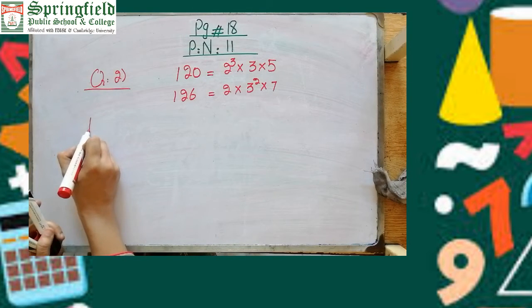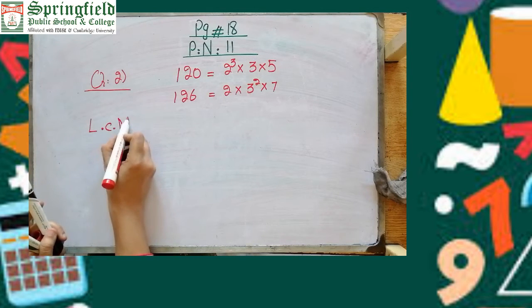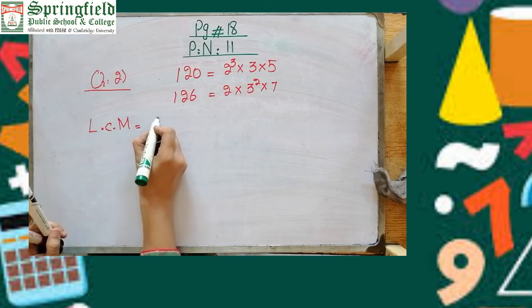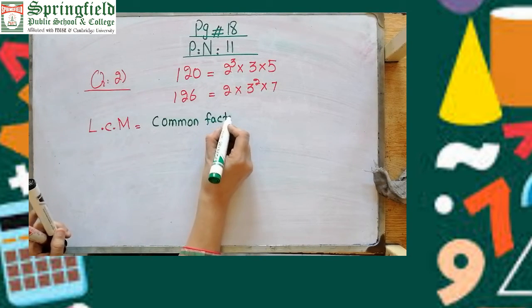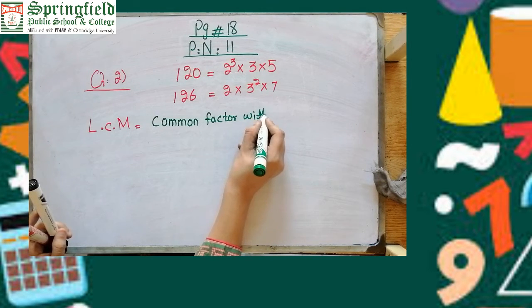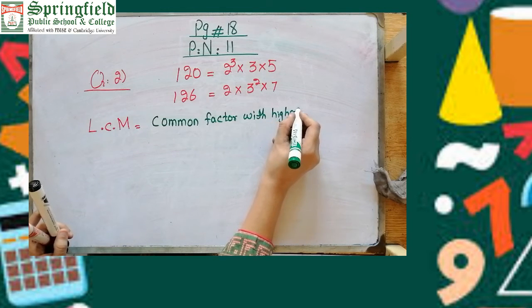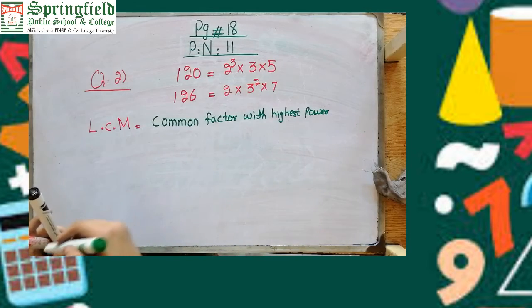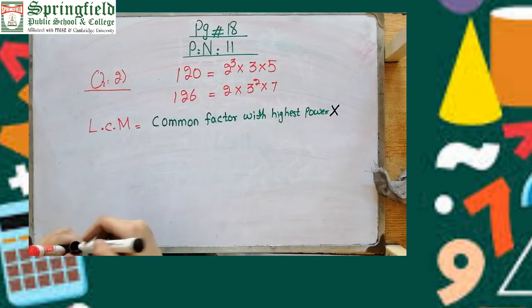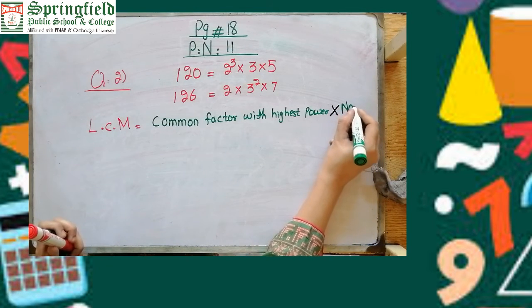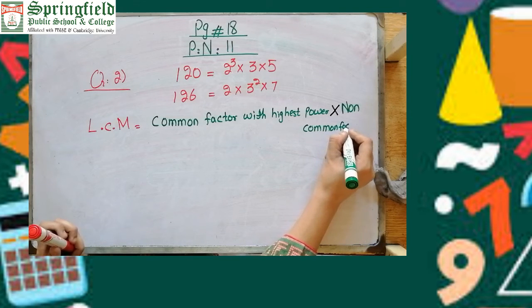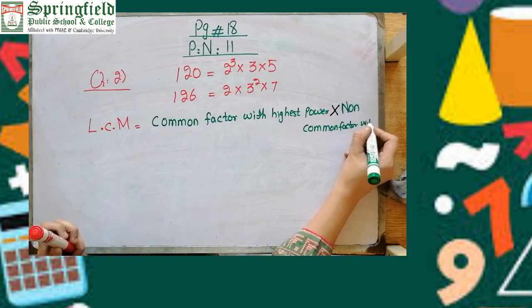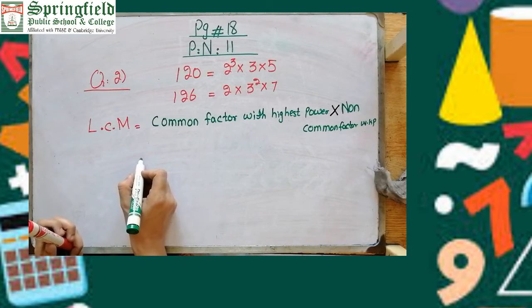The formula of LCM is: common factor with highest power, multiply non-common factor with highest power. HP means highest power. Fine? Okay.